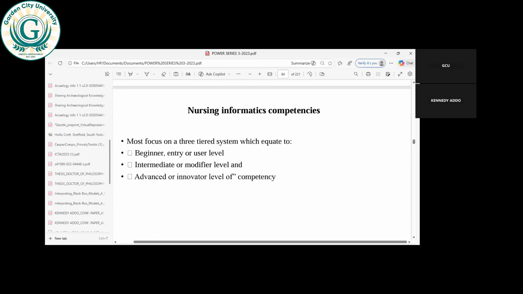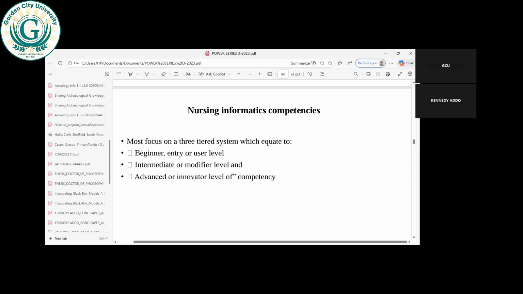So we are going to look at this from this point of view: beginner, entry, or user level; intermediate or modifier level; advanced or innovator level of competency. Based on this, we are going to describe whether a beginner has technical competencies, whether a beginner has what it takes to utilize the existing system, and that is utility competencies.